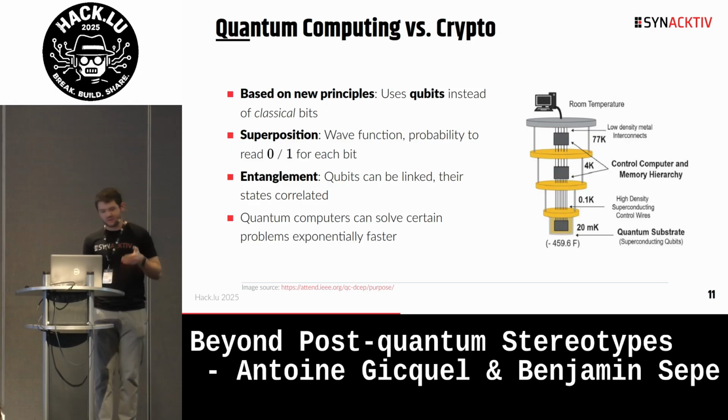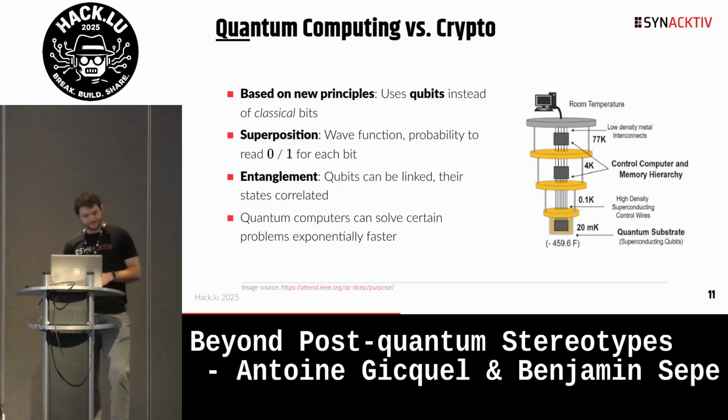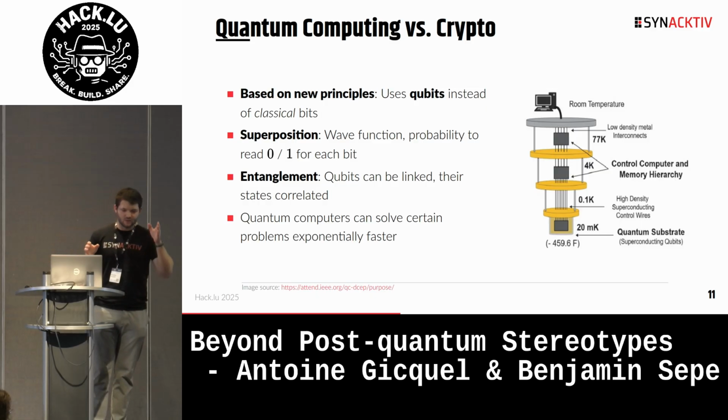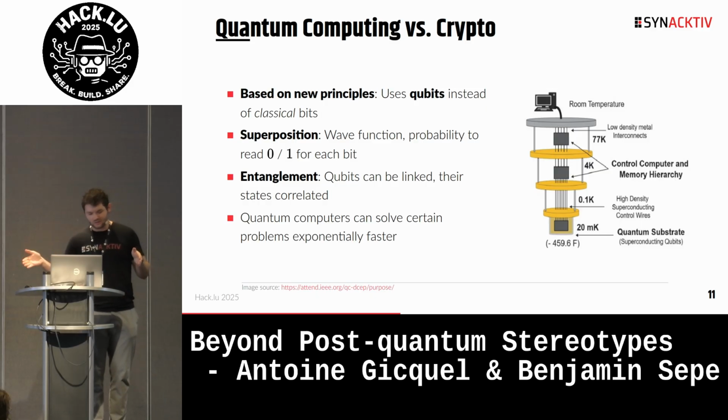You're only sure of it once you've measured it. Until then, it's a wave of probability to read one state or the other. And entanglement means that you can link the states and probability distributions through multiple qubits. So multiple particles can have their states correlated. If you read one state in one particle, it will mean that you read another state in the other particle.